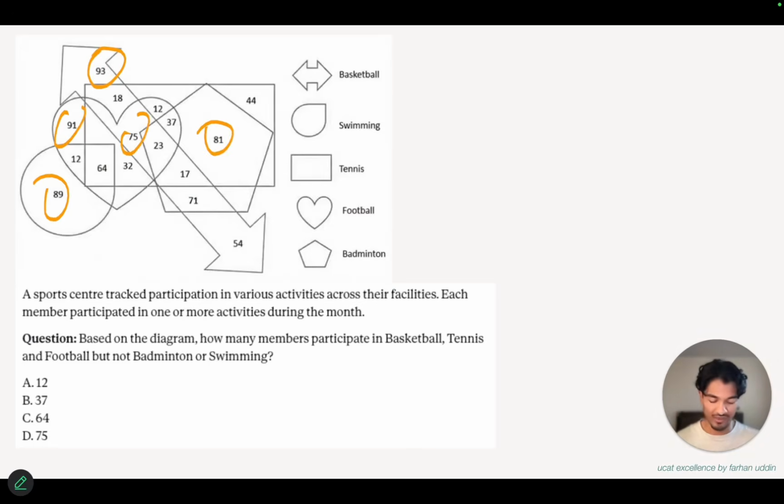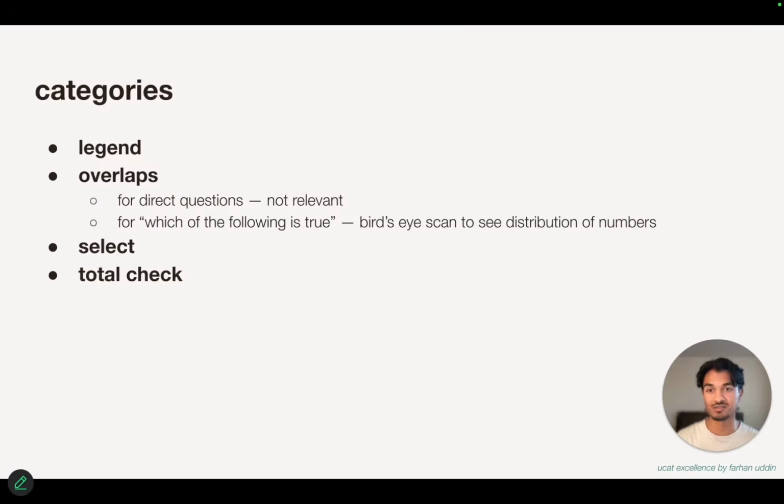Just so that when it comes to answering the question, you've got a better idea of what the distribution of the numbers looks like. Again, just 5 seconds, tops, nothing more. Otherwise, you're wasting time. This is just a bird's eye scan.